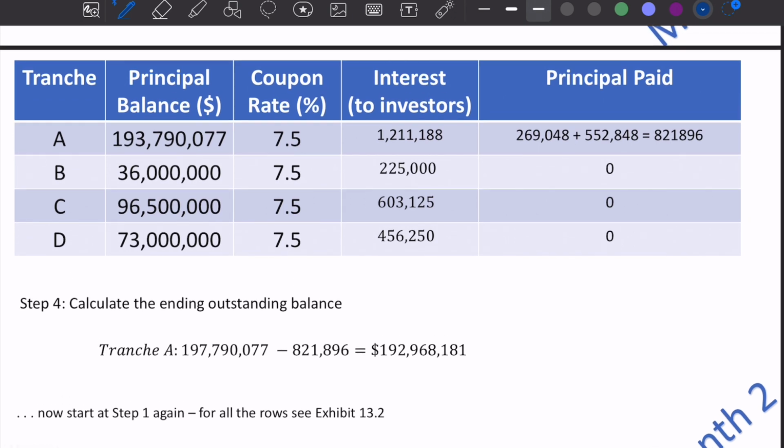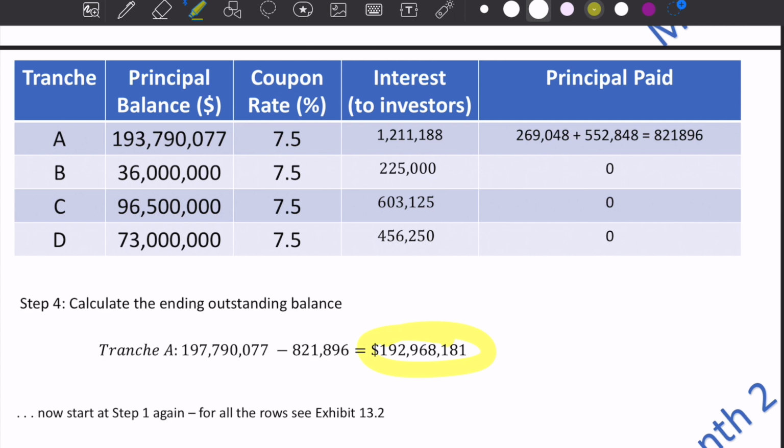And now, I already did this math out, my new ending balance, or the beginning balance for the next month, would end up being $192,968,181. And I would keep on going until I finished paying off the principal of tranche A.